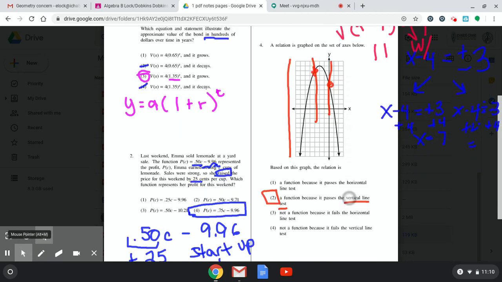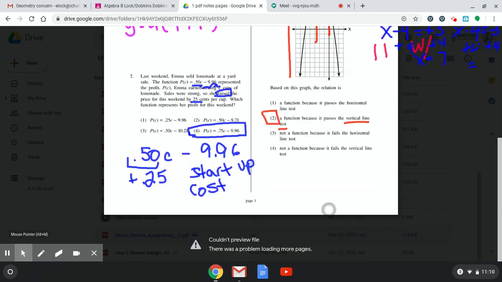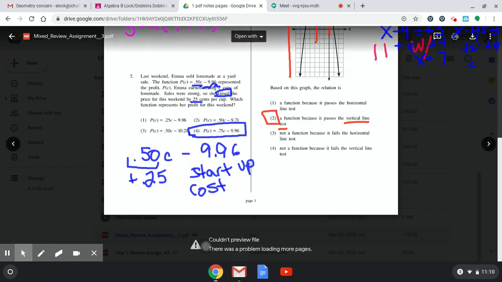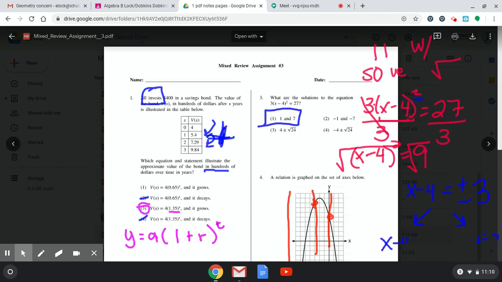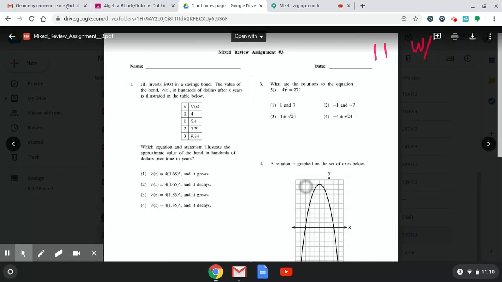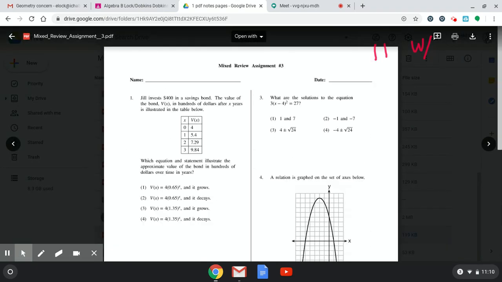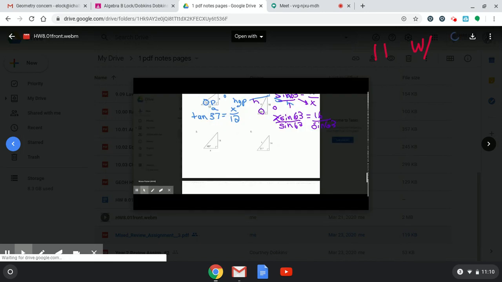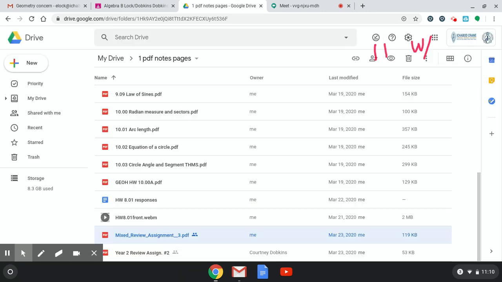Okay. Moving to the next slide. Couldn't preview file. Interesting. I'm just going to click into it again and try one more time. Miss Lack has a couple options here. I think I do at least. Sorry. Did we put a video up for this one yet? For 3, yeah.